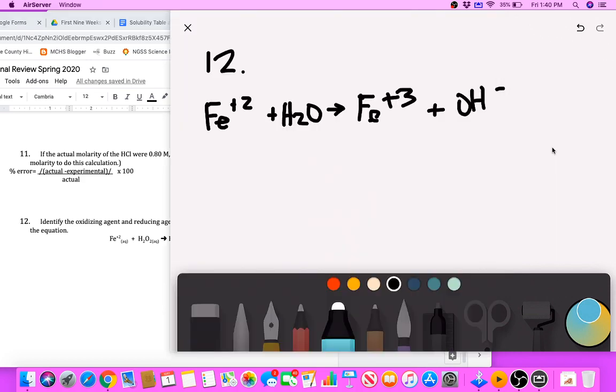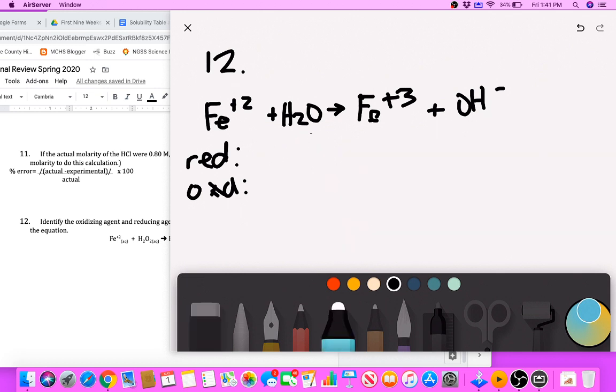So I'm not going to identify the oxidizing and reducing agent yet. What I'm going to do first is write my half reactions, and then I'll do the oxidizing and reducing agent, because I have to figure out what's being oxidized and what's being reduced before I can do that. So again, I'm going to look at the Fe first. The Fe went from Fe2+ to Fe3+. Was that oxidized or reduced?